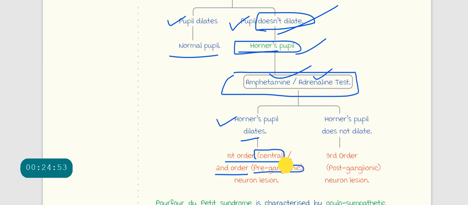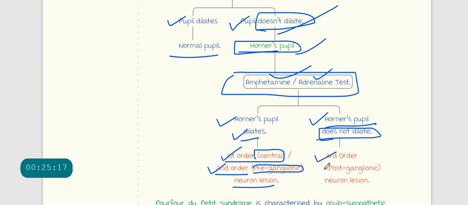And if the Horner's pupil does not dilate, it is a third order pupil, and there would be a postganglionic neural lesion. So the lesion would be central if the pupil dilates, this is first order. The lesion could be preganglionic, and this is second order, if the Horner's pupil dilates. And if it does not dilate, this is a third order lesion in the postganglionic neuron.